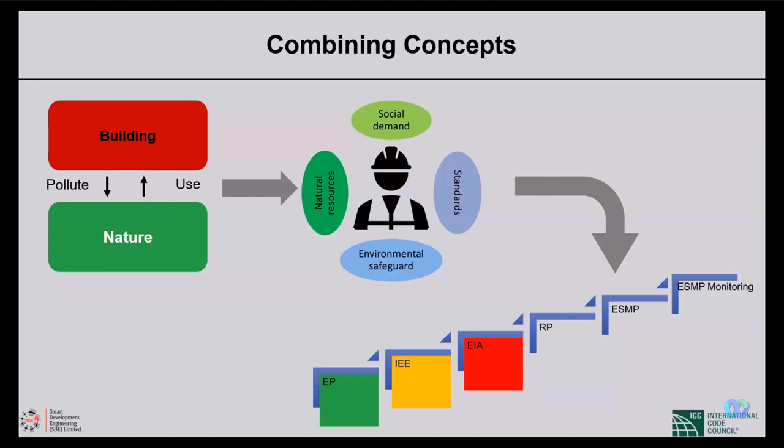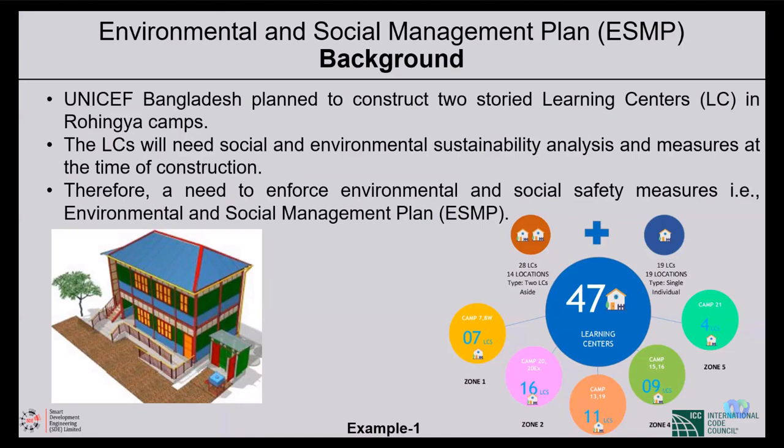Even then, for any site clearance, you need environmental clearance. So that is mandatory. After that, if you produce the contaminations I mentioned, then you have to do the EIA and ESMP. I will give an example of what we have done.